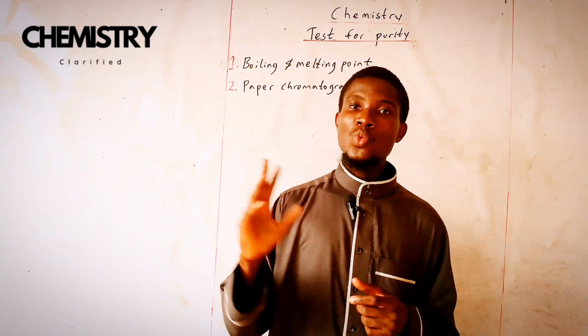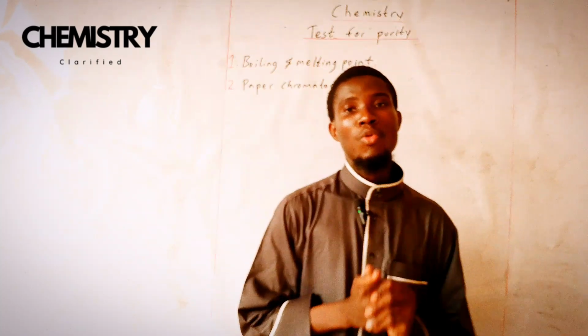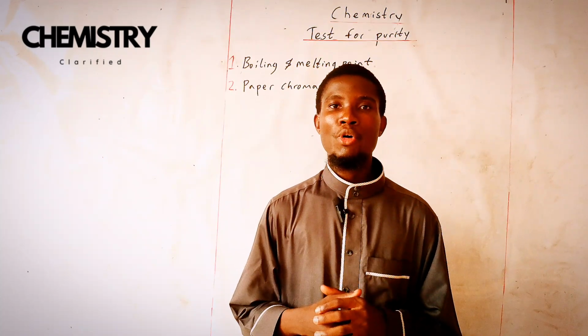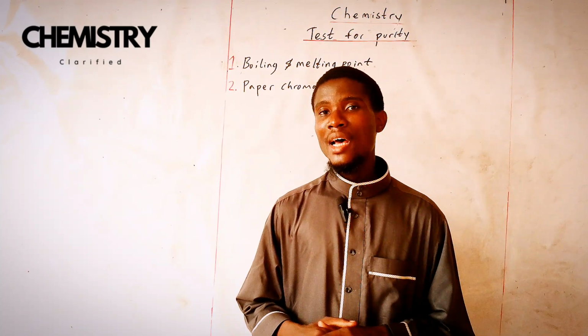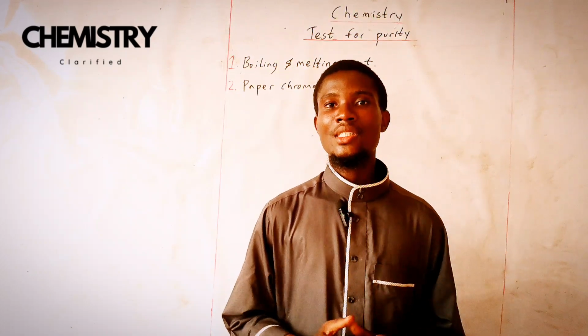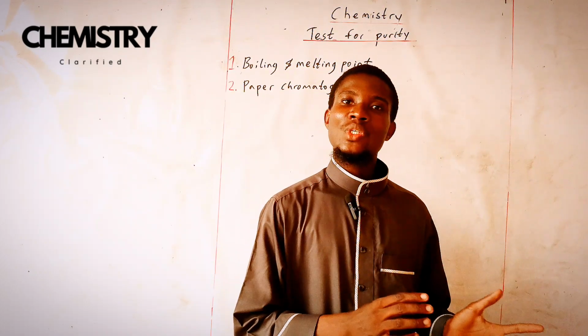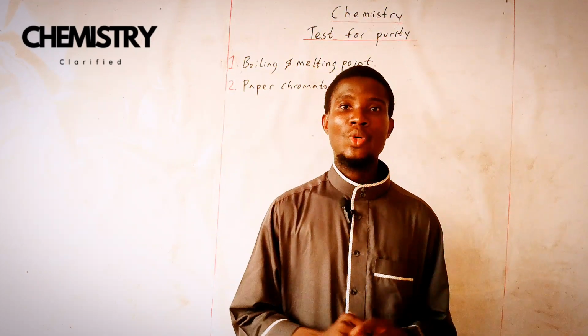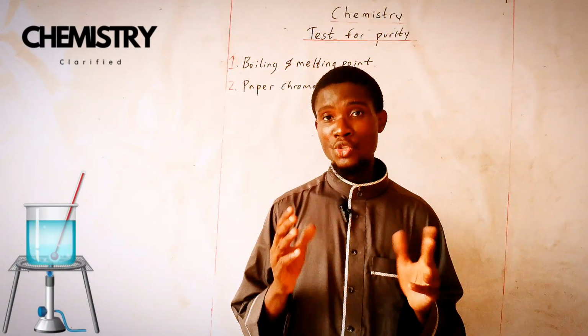Now, the first one is using the melting or boiling point. If it is a liquid, then we are going to check the boiling point. For instance, we already know that water has a boiling point of 100 degrees Celsius. So let's say we used the separation technique of distillation to get pure water, and we want to test if the water is actually pure.